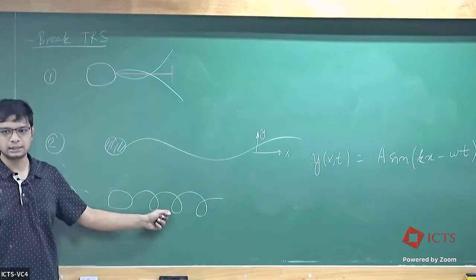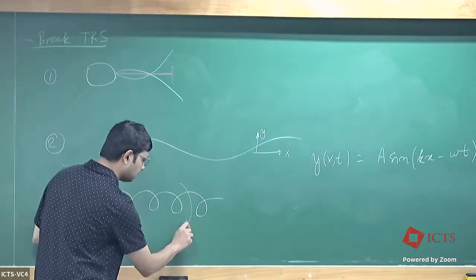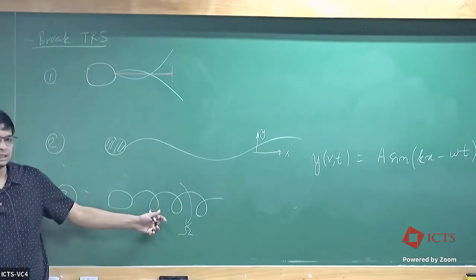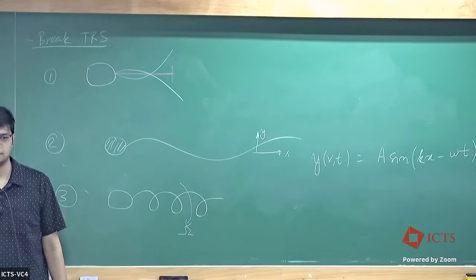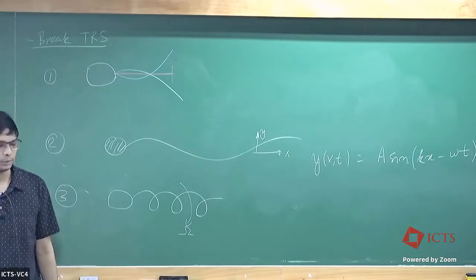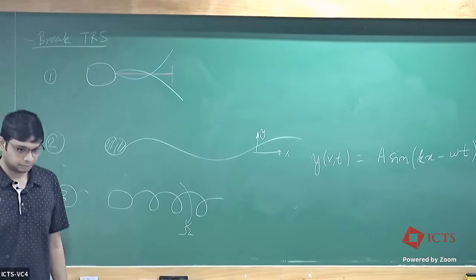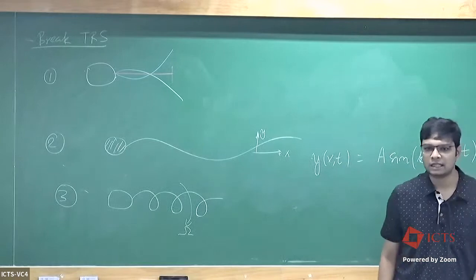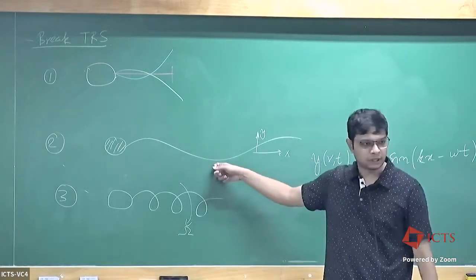This is a helix, but now you spin the helix with some angular velocity. Does this break time reversal symmetry? Is there a consensus? Will it break? So this broke time reversal symmetry.